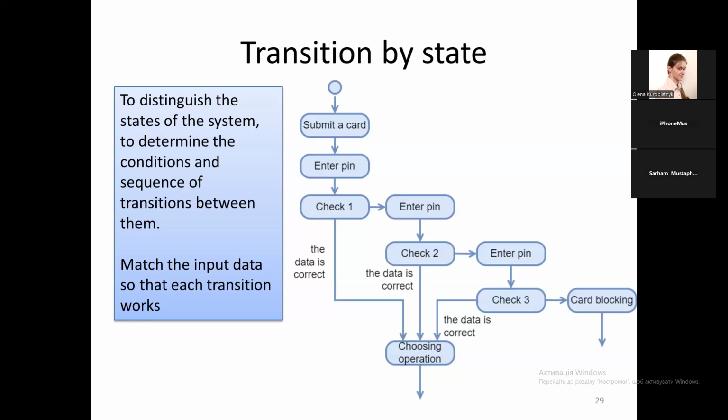It is a state diagram for an ATM, and if I need to get some cash, some money, I need to submit a card. After that, I enter a PIN code. The system checks my data. If the data is correct, I can choose the operation.